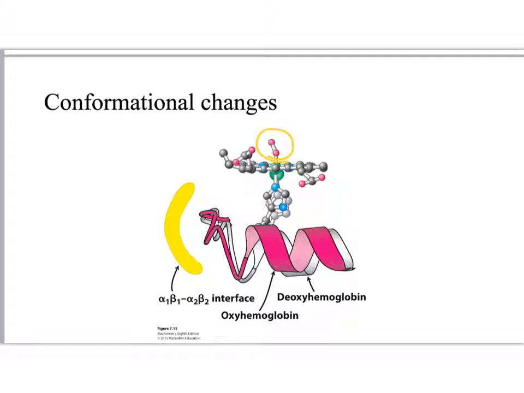So there's our binding of oxygen here. And so what we're looking at, the gray here is the deoxyhemoglobin, or the T state, and the red is the oxyhemoglobin, which is the R state. And so you see that slight shift in the structure when you have bound versus unbound.